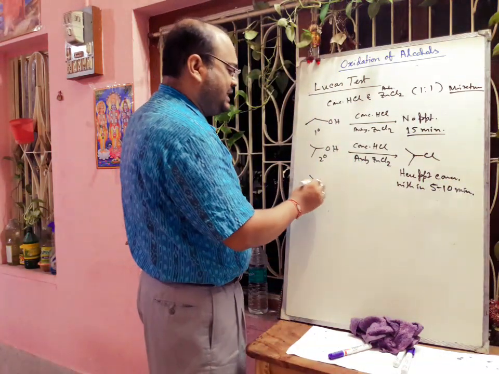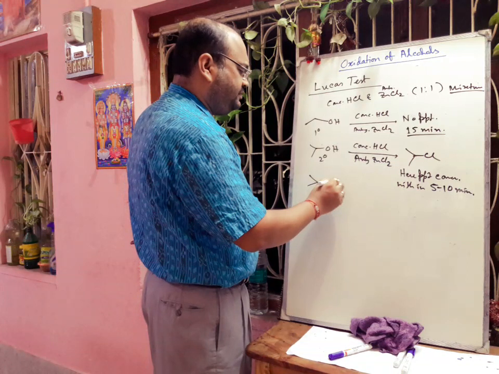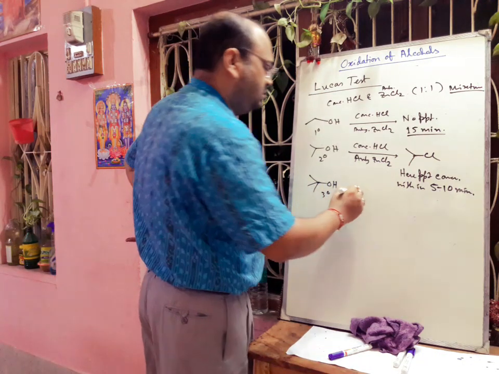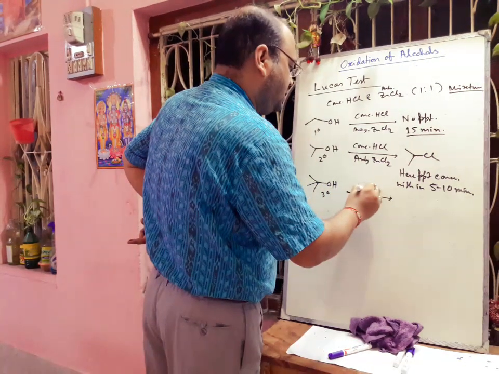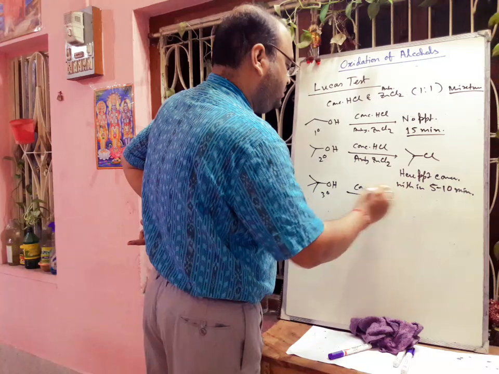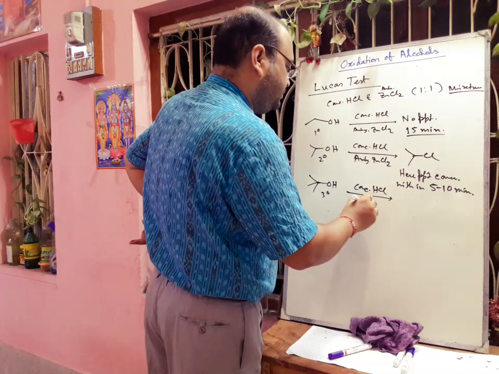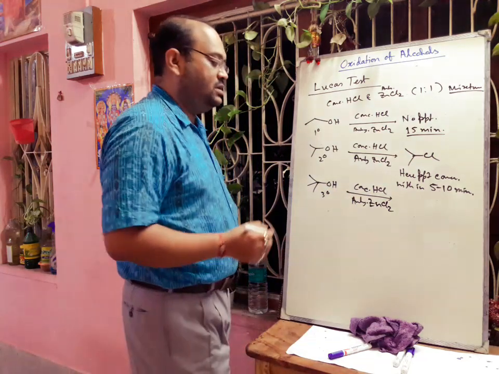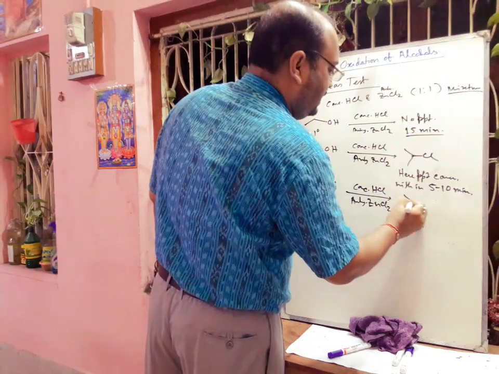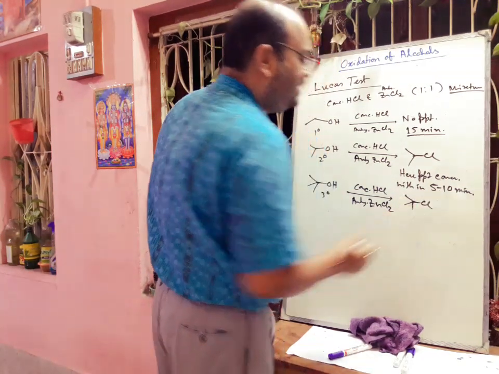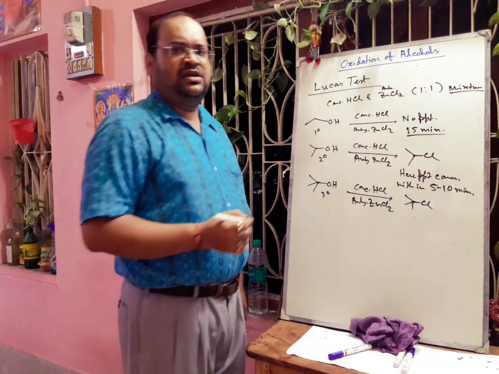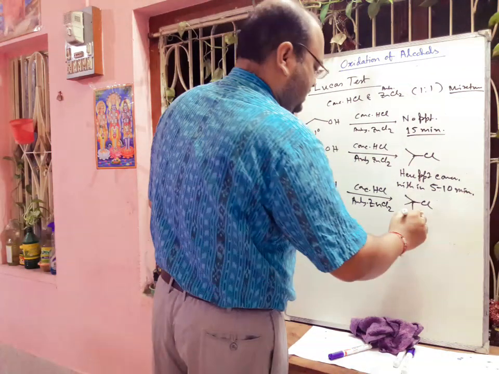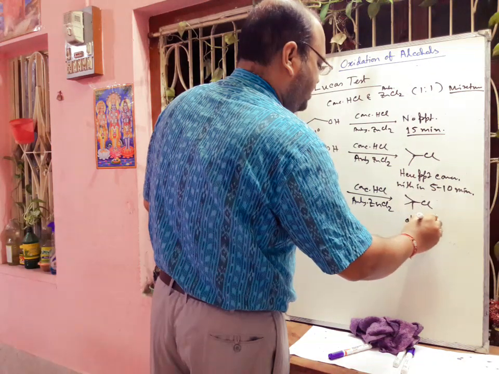But if we take tertiary alcohol and use the same Lucas reagent, then we will get the corresponding tertiary butyl chloride instantaneously, that means at once.